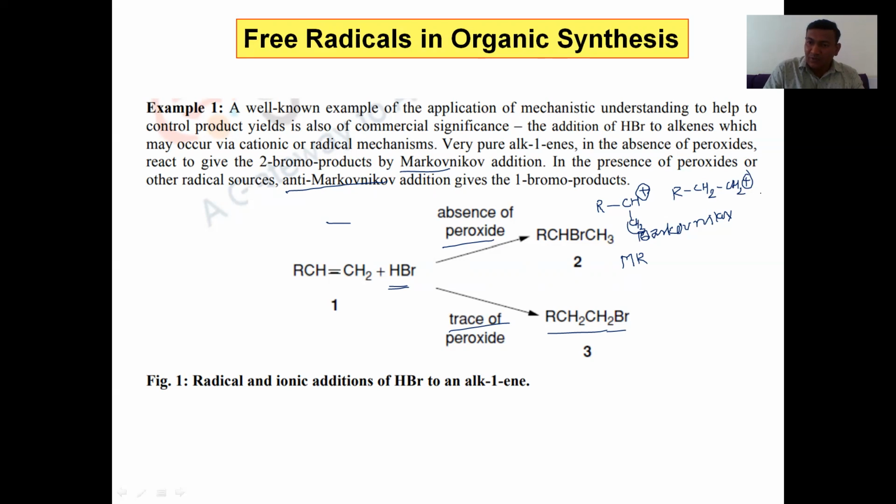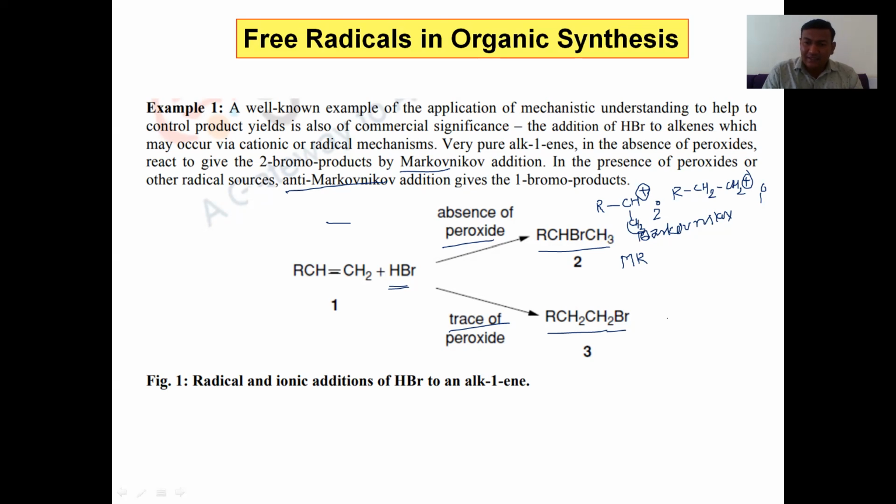This is a primary carbocation and the other is a secondary carbocation. Secondary carbocation is more stable than primary carbocation, so due to the secondary carbocation stability, you will get this 2-bromo type of product, right?